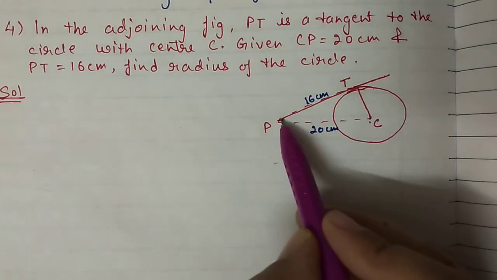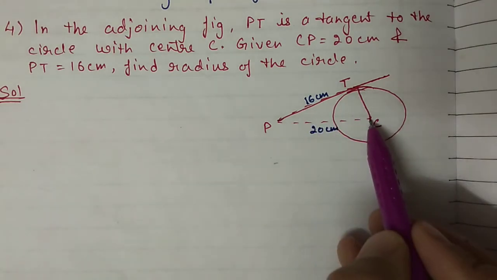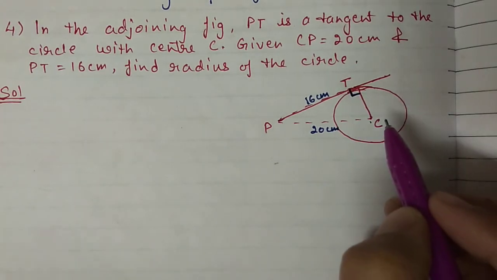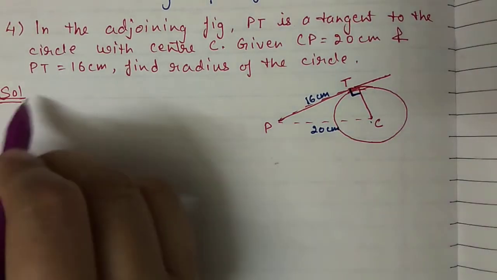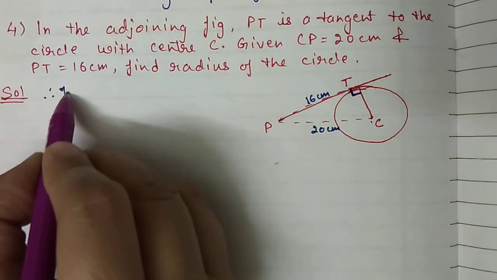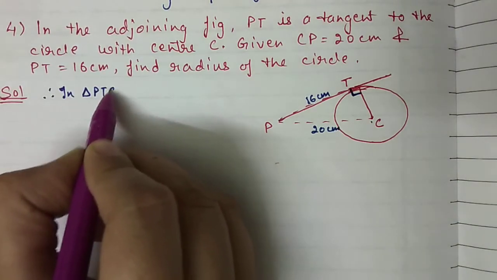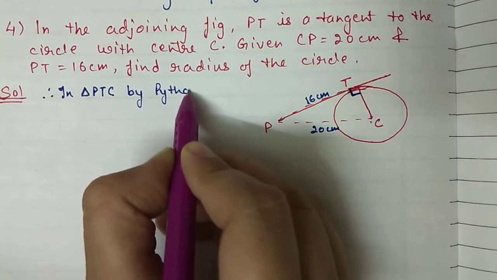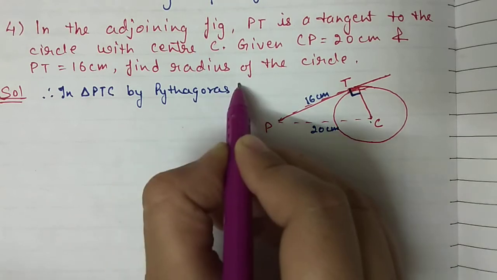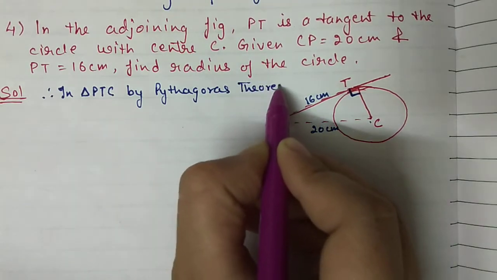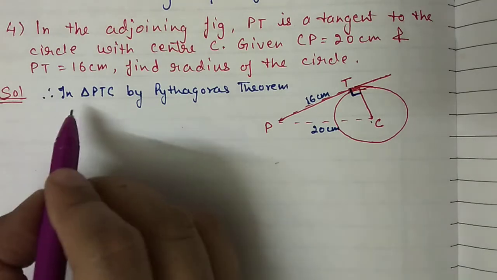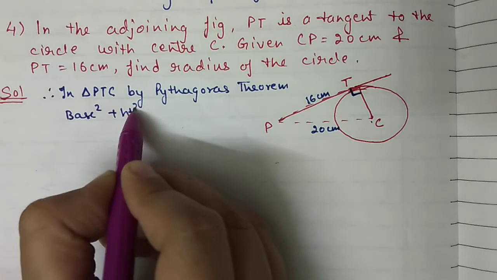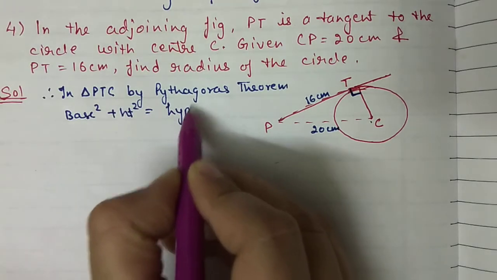And we know always the angle between tangent and radius is 90 degree. So this angle is 90 degree here. Again we will use the Pythagoras theorem. So in triangle PTC, by Pythagoras theorem, base square plus height square is equal to hypotenuse square.